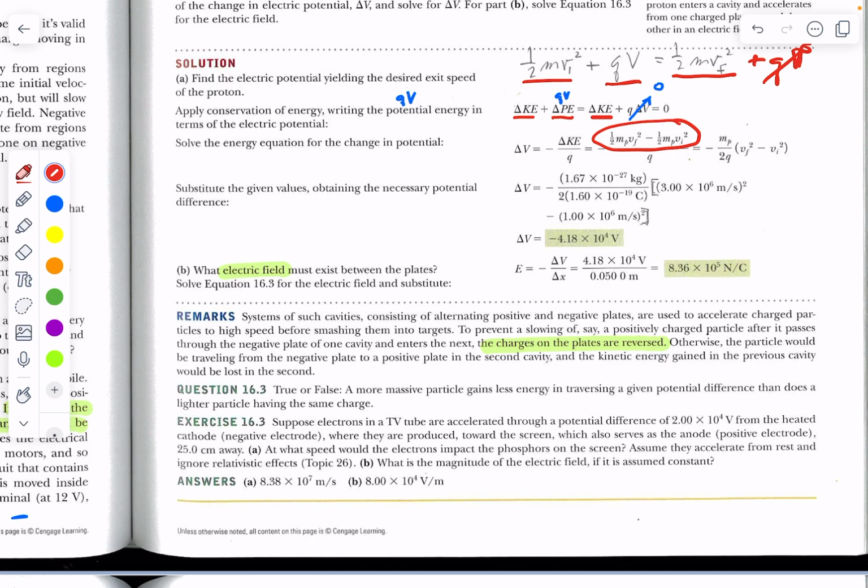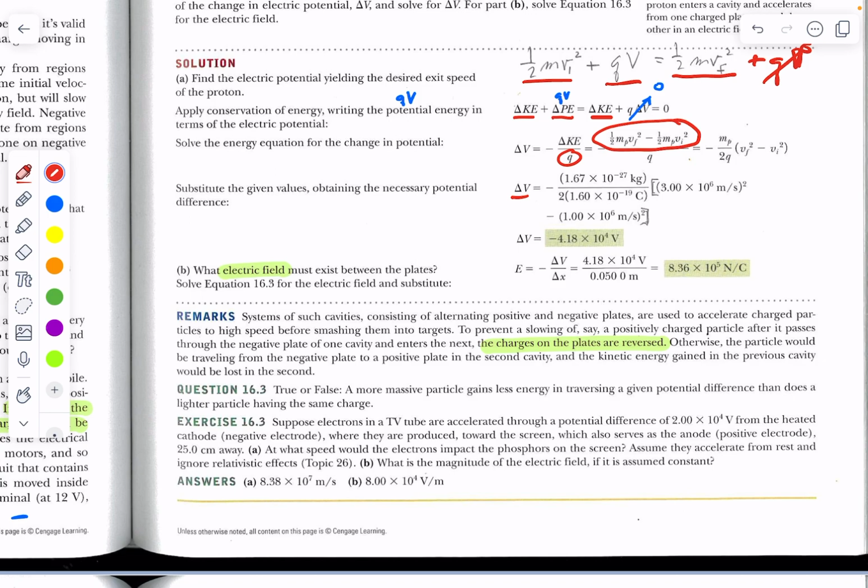And here's the charged particle itself. And we're going to solve this equation for the velocity by plugging all my numbers in. And you can see then what my change in speed is going to be.